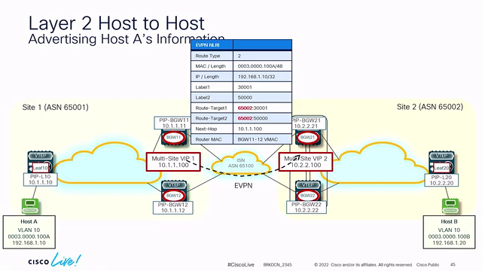And another important thing that the border gateway needs to do: they automatically change the route target of this advertised type 2. Why? Because under the assumption that the route target is auto-generated, the route target is always the autonomous system by default, 65001, colon, the VNI ID. Now, the VNI ID is consistent in Site 1 and Site 2, but the autonomous system is different.